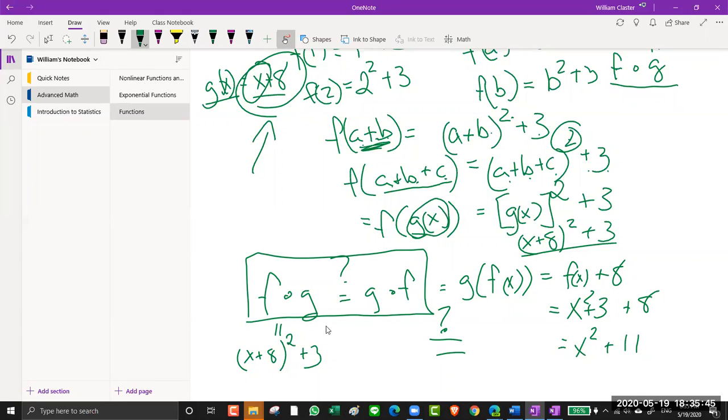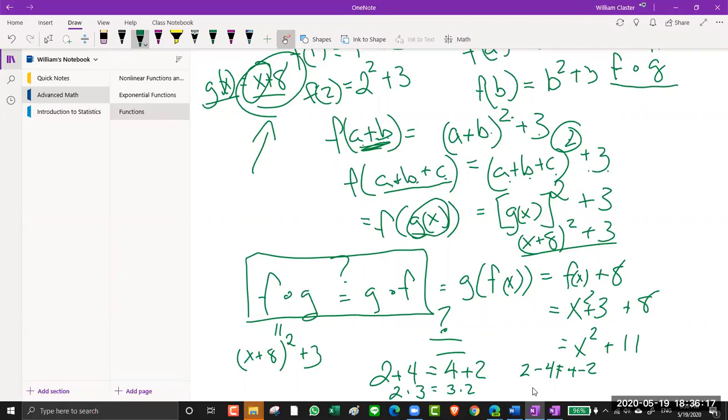So, in arithmetic, we can say 2 plus 4 equals 4 plus 2, right? We're allowed to switch the order there. And we're allowed to do the same thing with multiplication: 2 times 3 is equal to 3 times 2. But we're not allowed to do that with subtraction: 2 minus 4 is not equal to 4 minus 2.